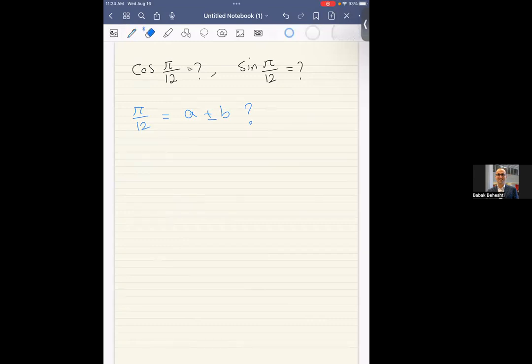Means the subtraction difference. As you suggested, pi over 12 is pi over 6 plus pi over 6. Oh, no, sorry. That's pi over 12 plus pi over 12 is pi over 6. Never mind.